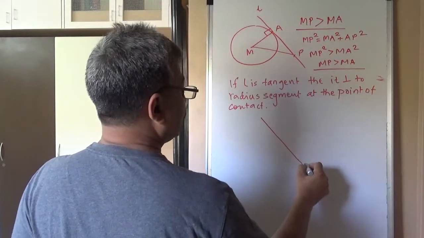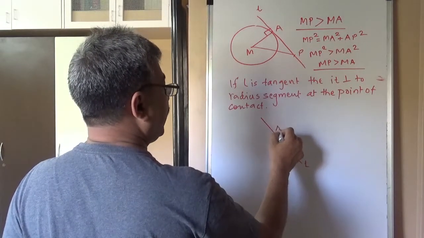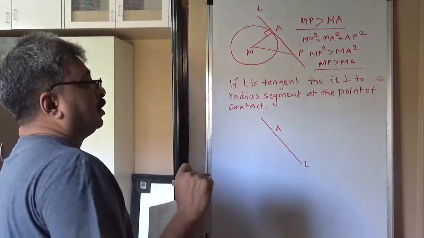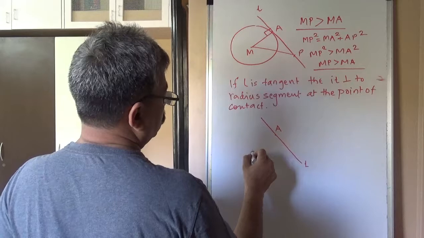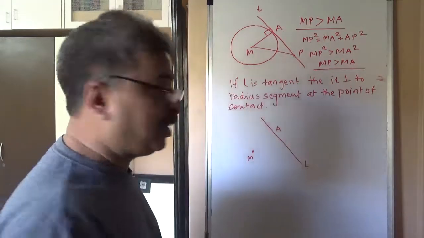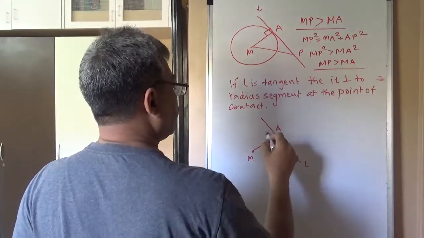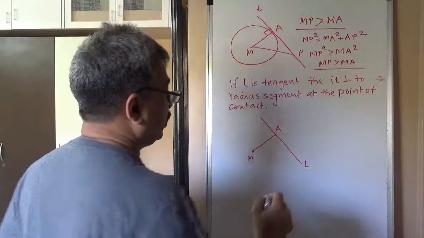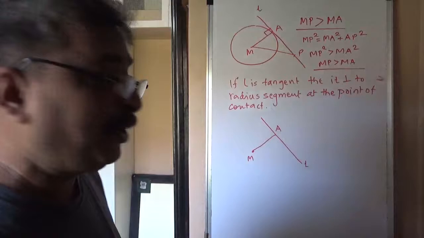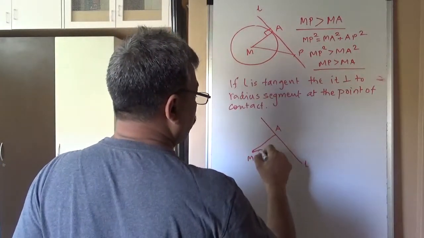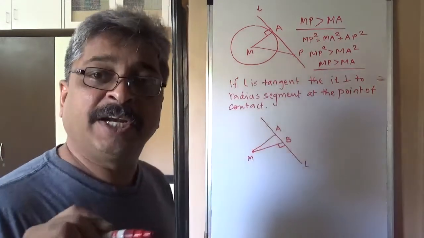Suppose line L is tangent to the circle at point A, and the center of the circle is somewhere else, that is M. If we join MA, we want to show that it is perpendicular, but suppose MA is not perpendicular to L. If possible, MA is not perpendicular, and in that case we can always draw a perpendicular to L. Let this point be B. It is an indirect proof.